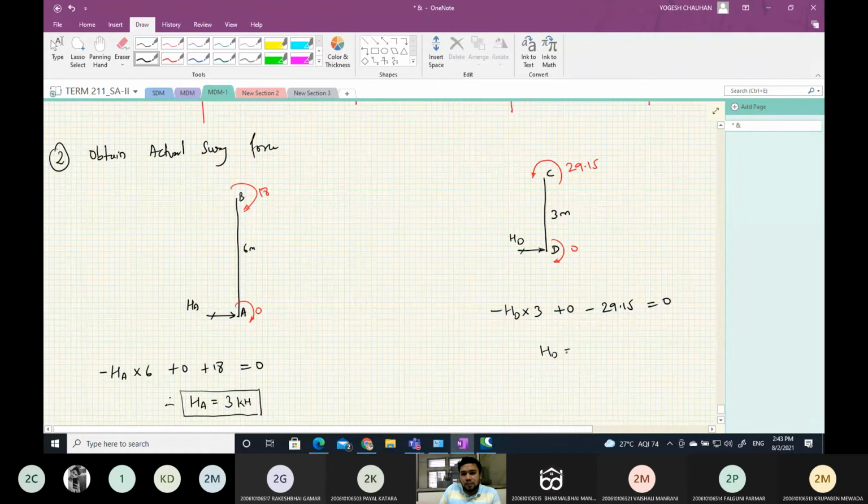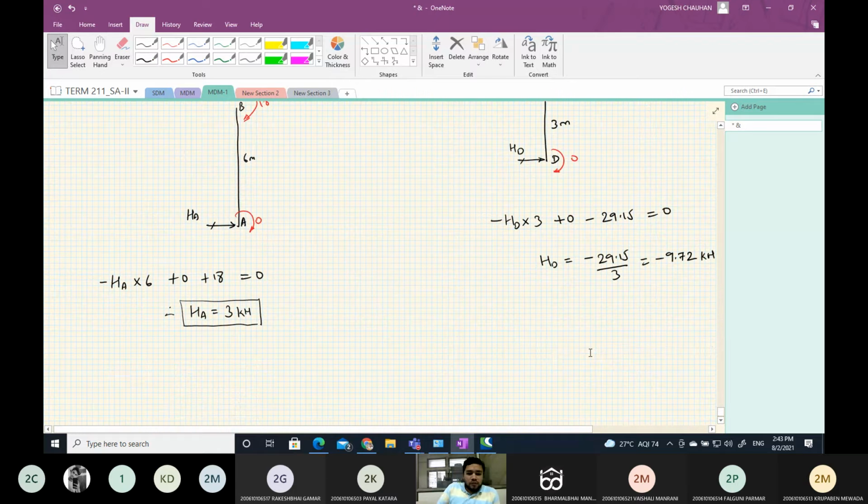So you will get HD is equal to minus 29.15 divided by 3. So that is minus 9.72 kilonewton.